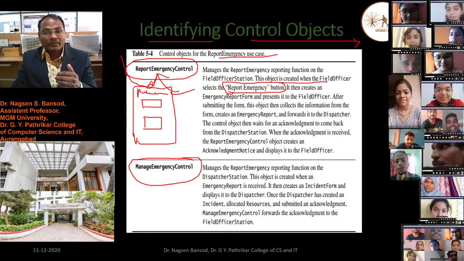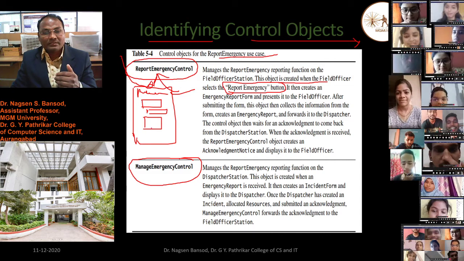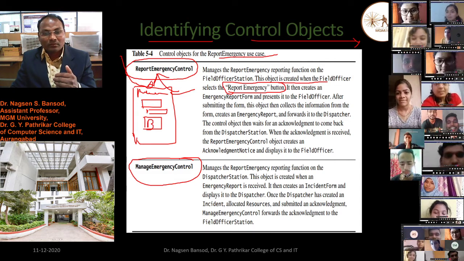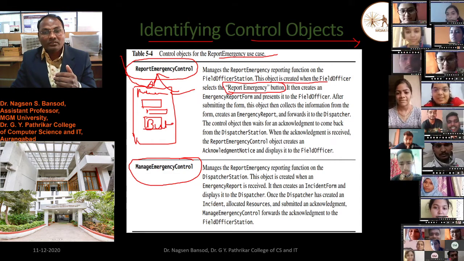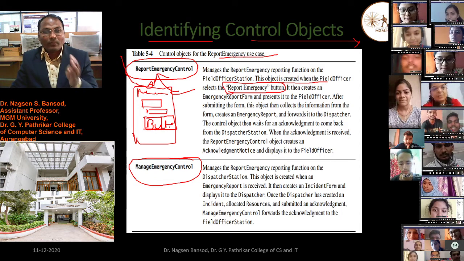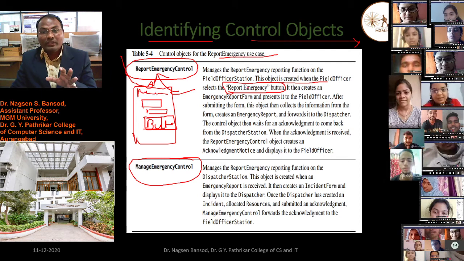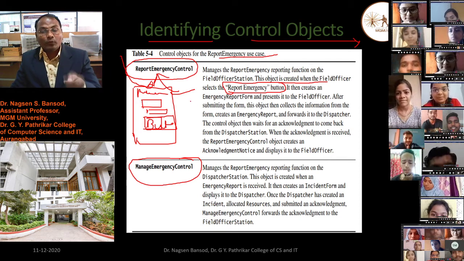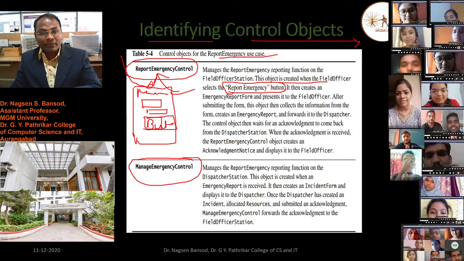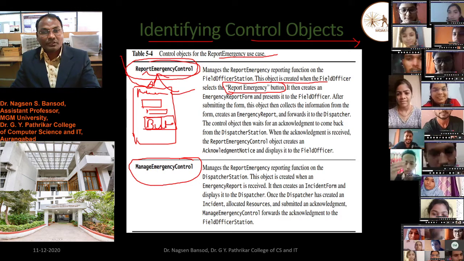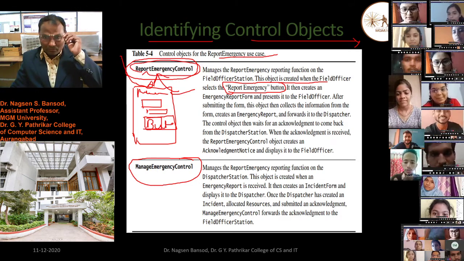There are some fields, like patient name and location, and there is one button. This button is the control object. It is created when the field officer selects the report emergency button. After clicking on it, the report emergency control will be active.